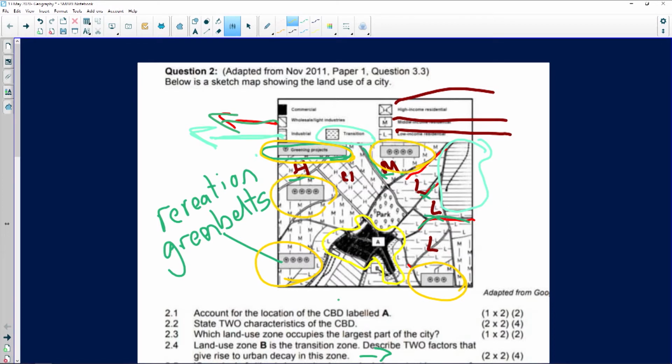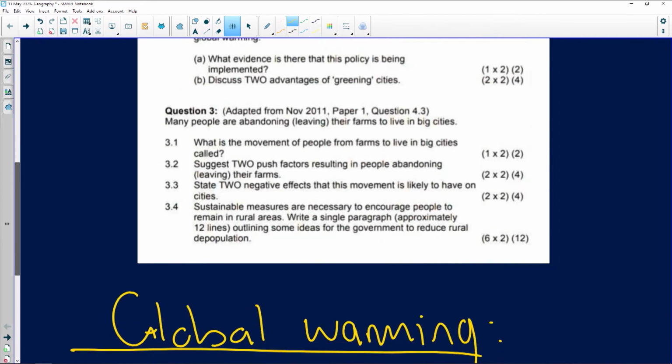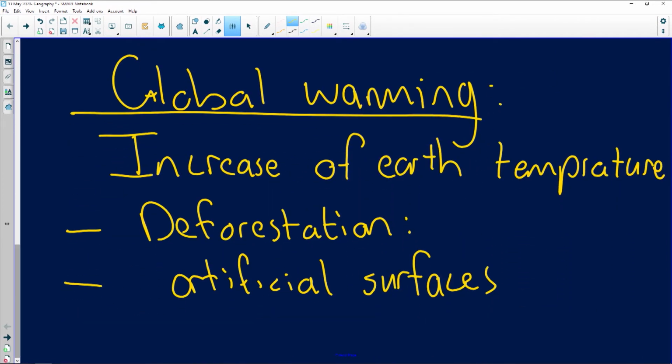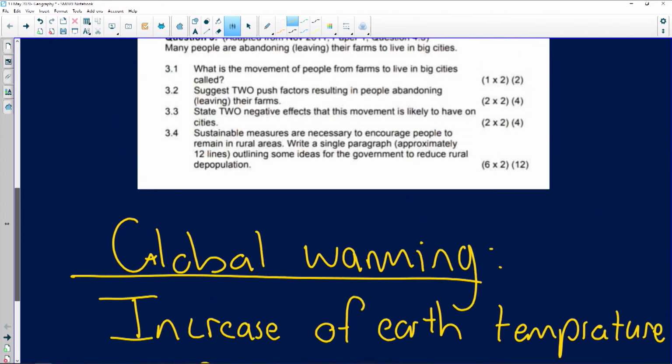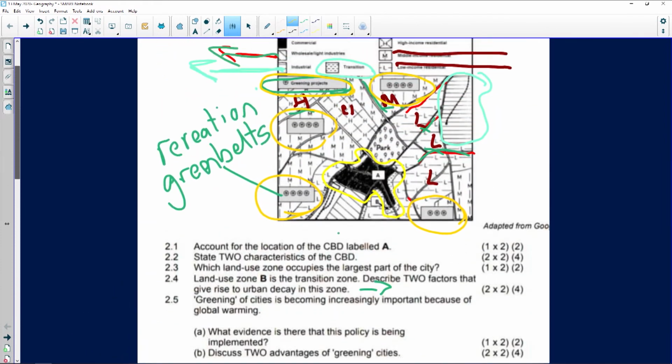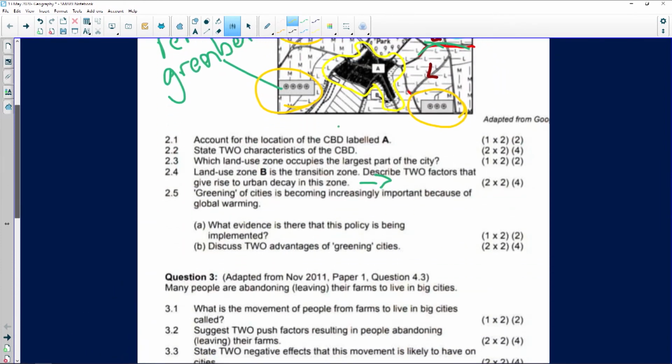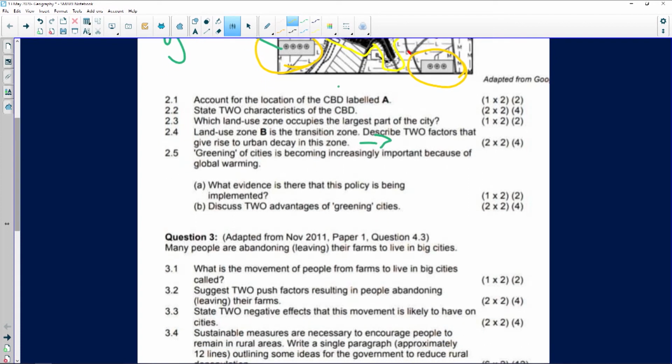And what do these green belt areas do? They provide more recreation places with more trees and vegetation. And in return, it will reduce the carbon footprint that we create by consuming so much, with the cars that we're driving and with the electricity that we generate.